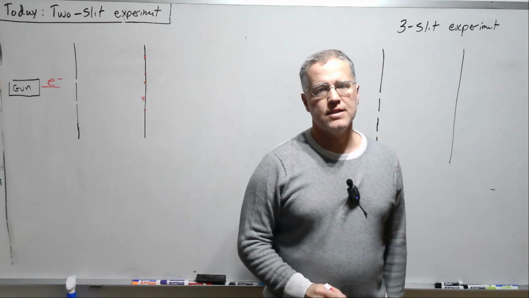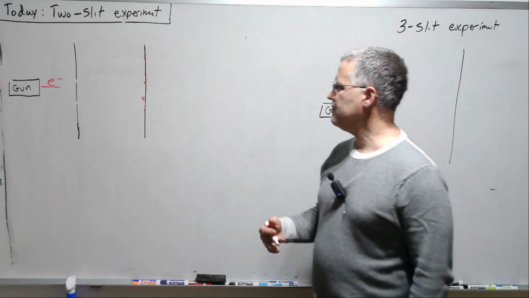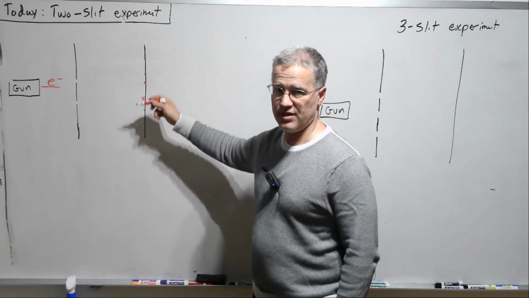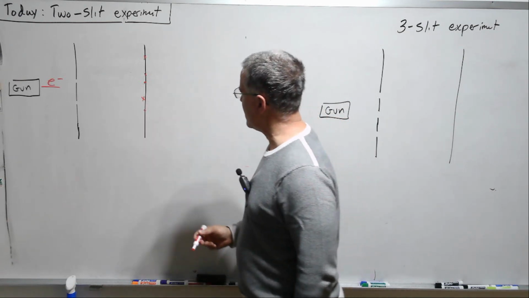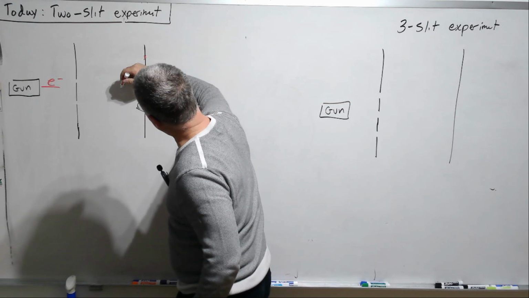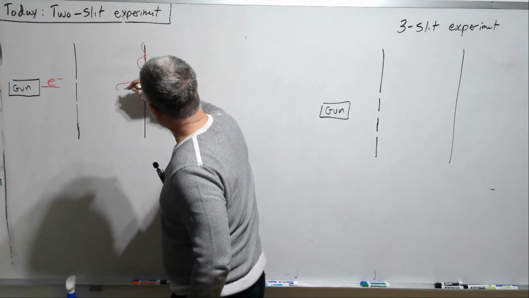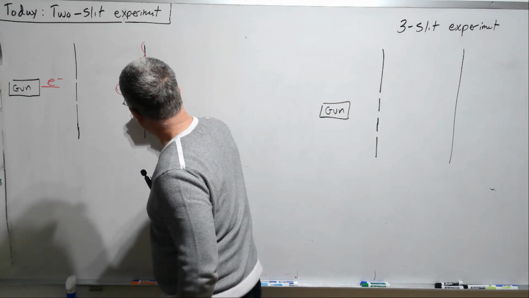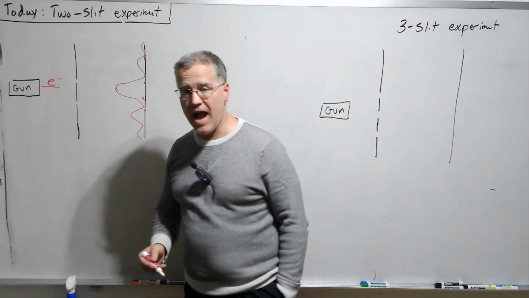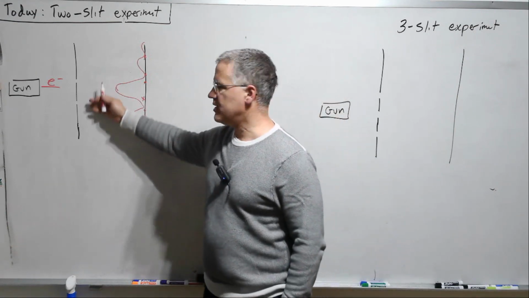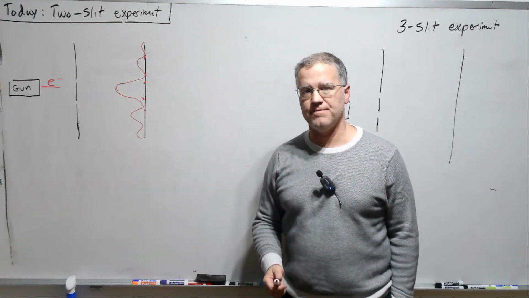Okay. And as we fire millions and millions of electrons and start to look at the distribution of the electrons here, we see a distribution that peaks in the middle and actually looks precisely like a two-slit distribution for an incoming wave.